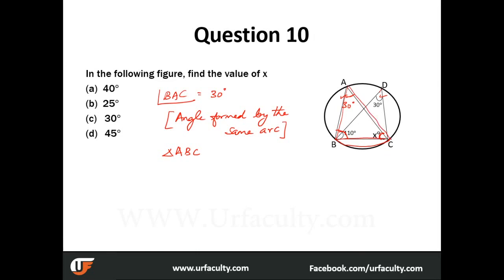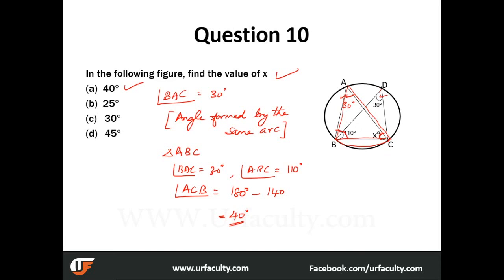We know that angle BAC is equal to 30 degrees and angle ABC is equal to 110 degrees. So what is angle ACB, which is X? It is equal to 180 minus the sum of these two angles, which is 140. So your answer is 40 degrees.